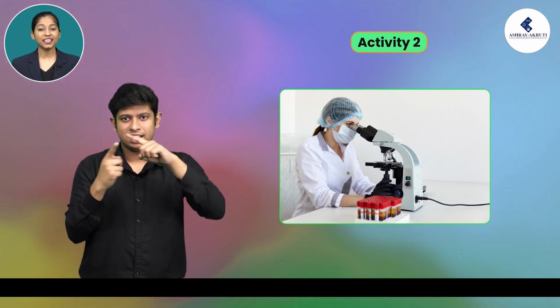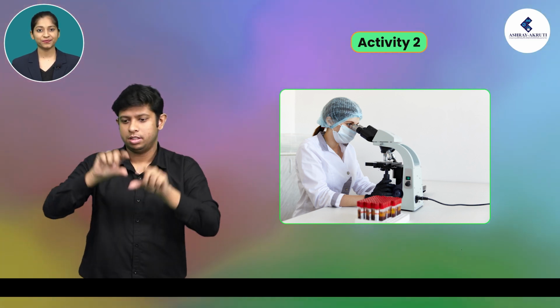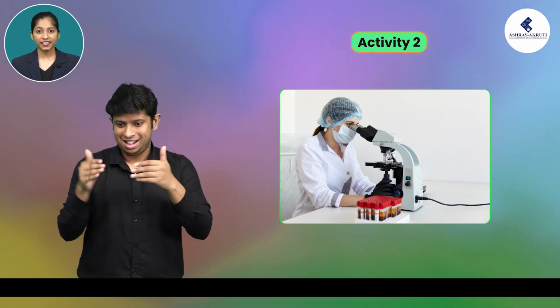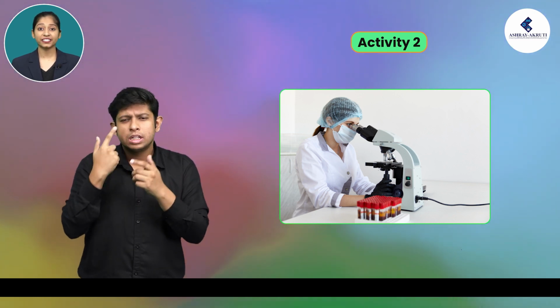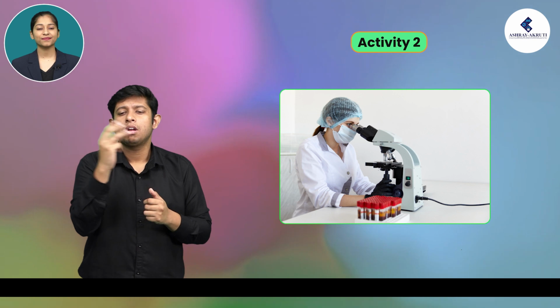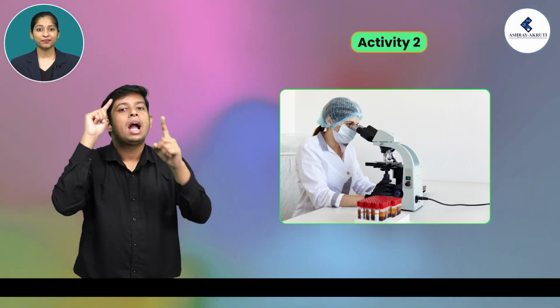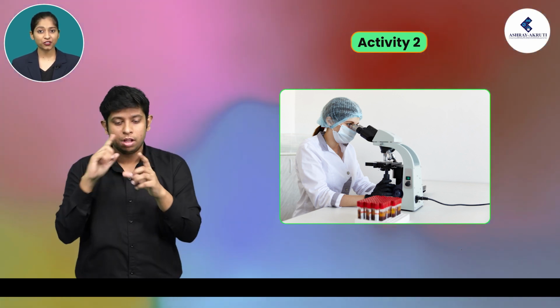Activity 2. Find out your blood group using a kit available in the lab. One kit can be used for 100 tests. Aim: identification of blood group.